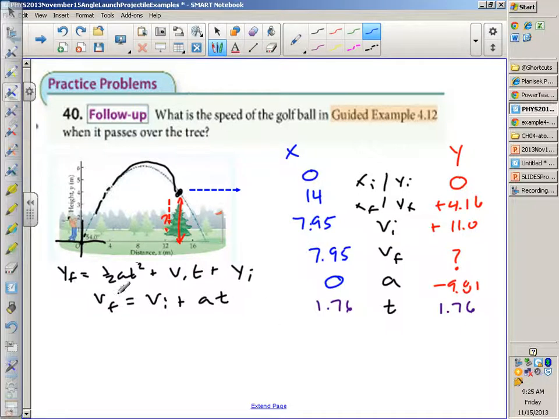But now, we can take this second equation here, and we can start solving for what we need to solve for. We need to know V final. Now remember, when we use these equations, we got to make sure that we keep things separate, x-axis, y-axis, right? So, the initial velocity in this case was positive 11 plus the acceleration, negative 9.81, times the time of 1.76.